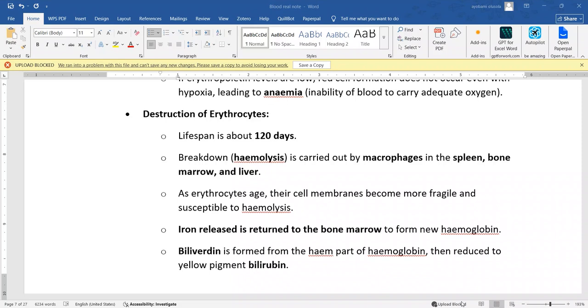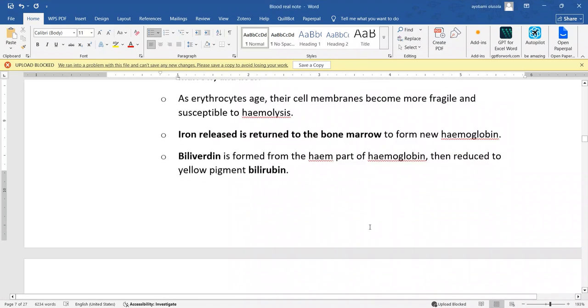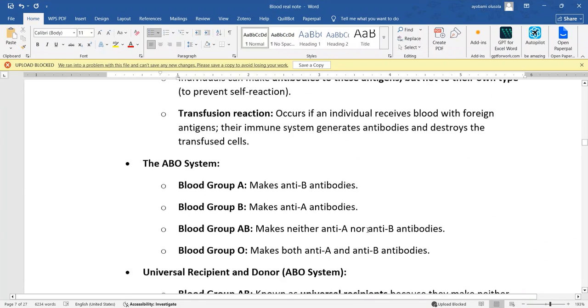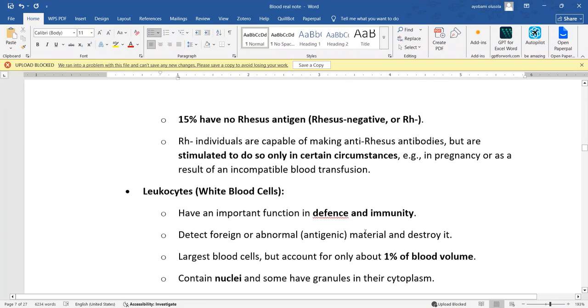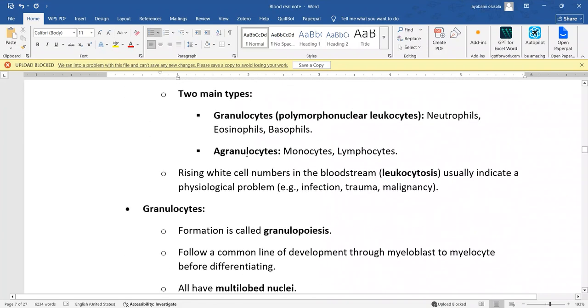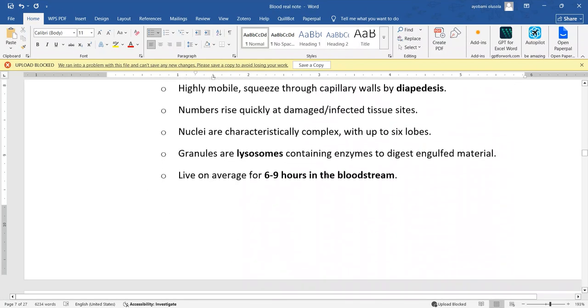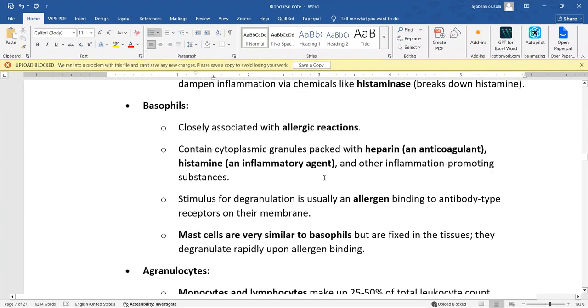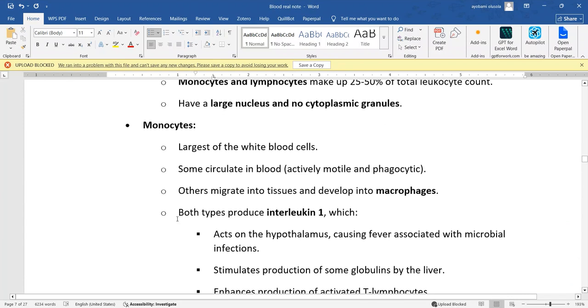So we still talk about them; the note is inside this note. You see, we have two agranulocytes, monocytes and lymphocytes. The monocytes in the blood are monocytes, but when they get to the tissues, they become macrophages.